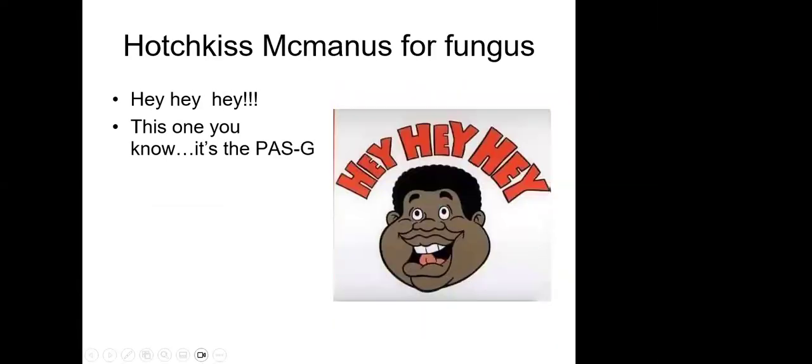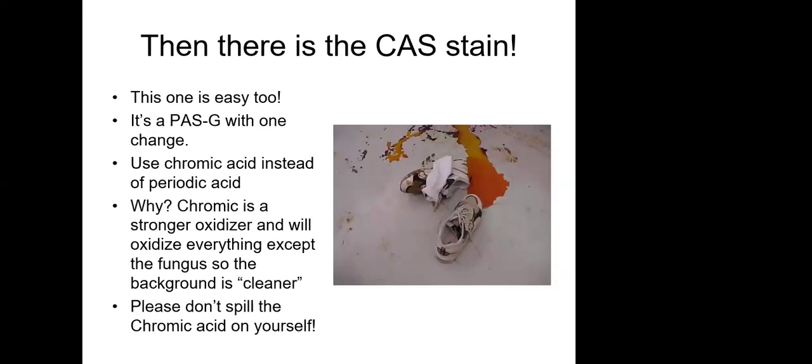All right, then we have the Hodgkiss McManus for fungus. This one you already know. It's the PASG, okay? The only difference between the normal PAS and the PASG is one change.